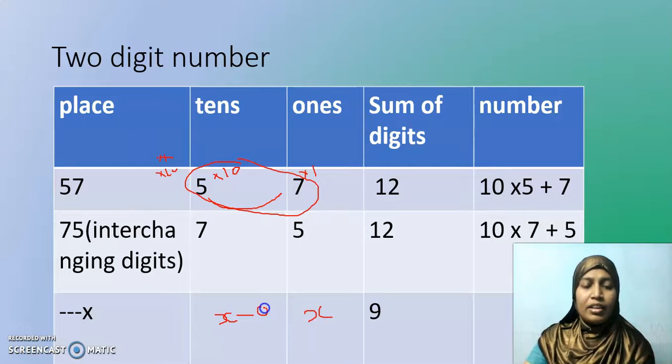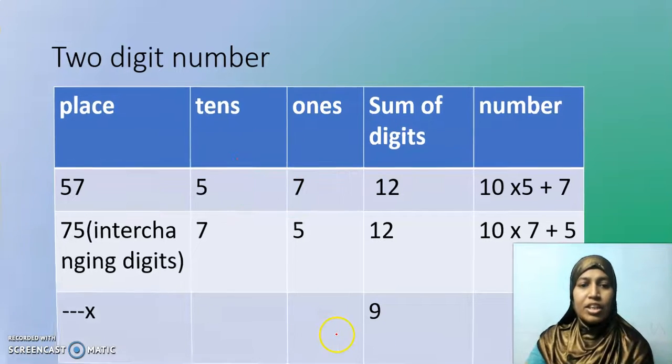If I add 9 minus x and x, minus x plus x is 0, and I get the sum to be 9. So, if the number in the ones place is x, in the tens place we will have 9 minus x. Is it clear, my dear children?